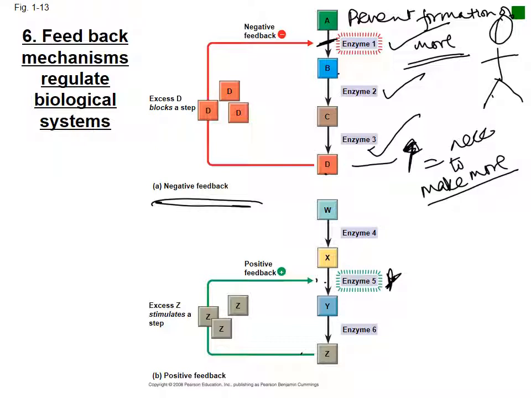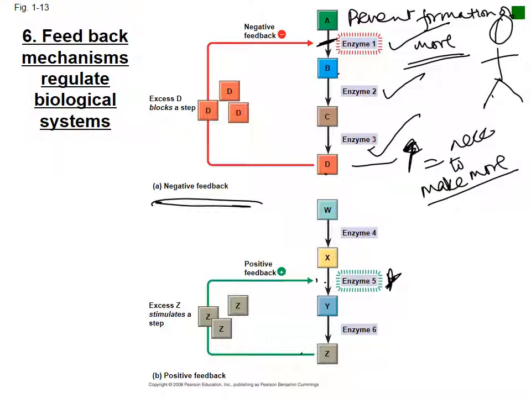No, it is not necessary to make more. Why? Because you're wasting that much energy, wasting the effort of this guy, and this guy. So your body, it's not like a person will come and stand and make a decision. So your body has certain mechanisms in which it will be smart enough to prevent kind of waste of energy, waste of material, and excess being made.